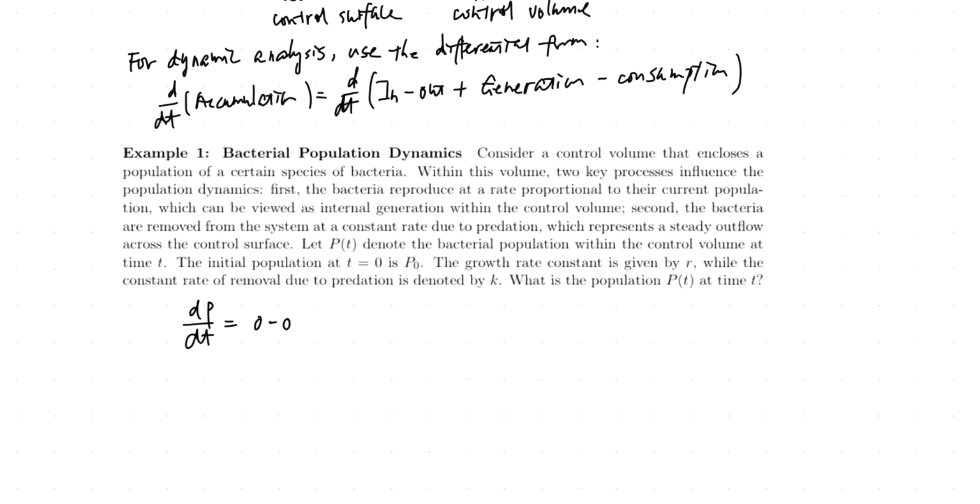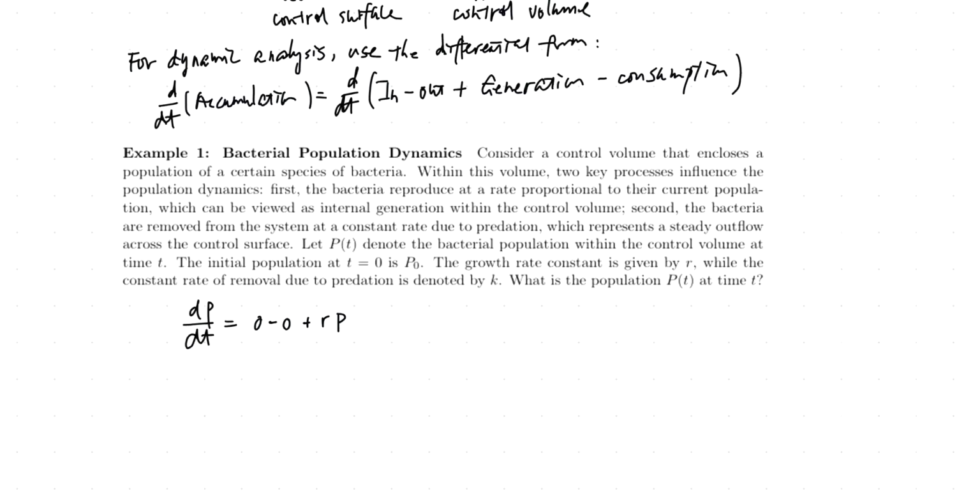The generation term would be the reproduction term, and the rate of change means the rate of increase of the population, which is expressed as the generation dt. It is the rate of growth, which is the reproduction rate multiplied by the current population.